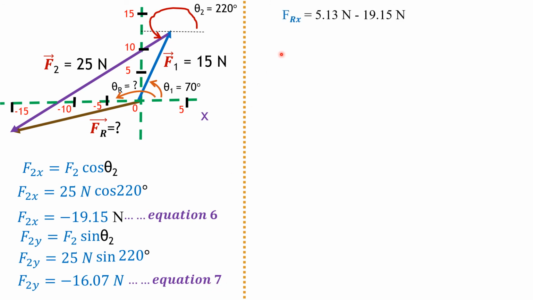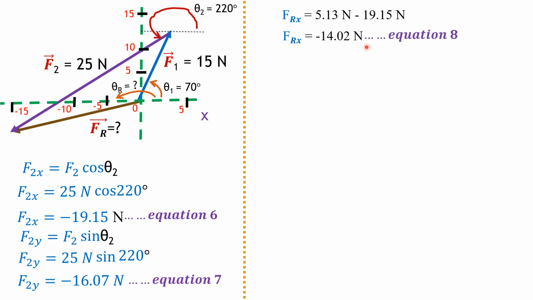Putting the values of F1x and F2x from equation number 4 and equation number 6 in equation number 2, we get Frx is equals to 5.13 Newton minus 19.15 Newton. After solving, we get Frx, that is magnitude of resultant vector Fr along x-axis, or component of vector Fr along x-axis, is equals to minus 14.02 Newton.